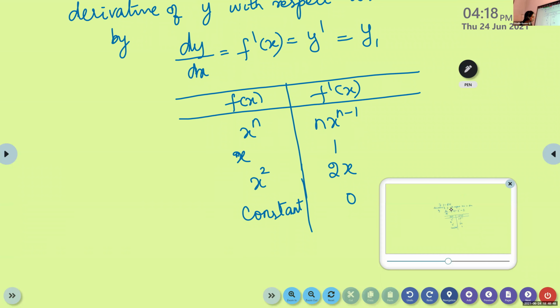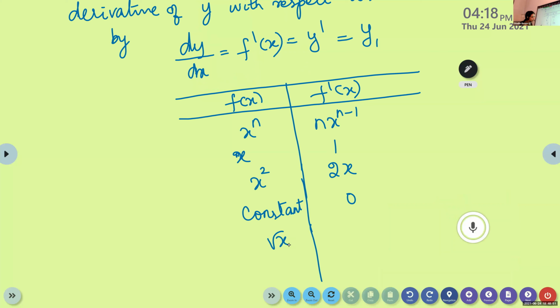What about the derivative of root x? What are the formula we have learned? Just revise it. What is the derivative of root x? 1 by 2 root x.